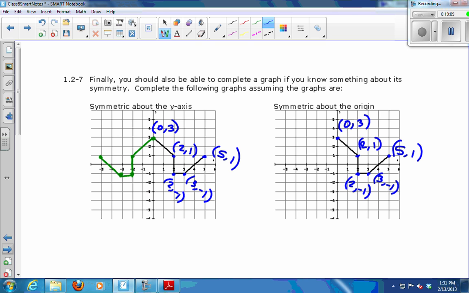So 0, 3, what's that going to become? 0, negative 3. And 2, 1 becomes negative 2, negative 1. 2, negative 1, where will that go? Close. You're halfway there. So the opposite of 2 is a negative 2. What's the opposite of negative 1? 1. So we're going to go negative 2, 1. This is going to become negative 3, 1. And 5, 1 becomes negative 5, negative 1.